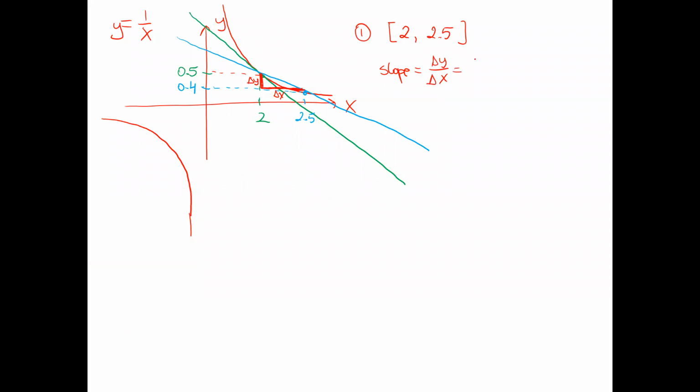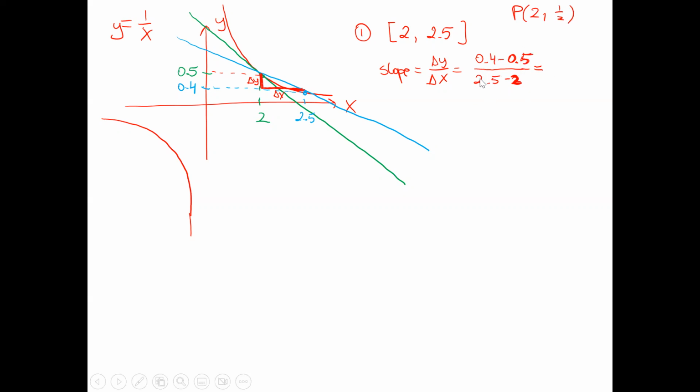Let's start with the x: 2.5 minus 2, and the corresponding value for 2.5 is 0.4 minus 0.5. We will always have the point 2 and 1/2, because this is the point of tangency. 1/2 is the same as 0.5, so this will not change.